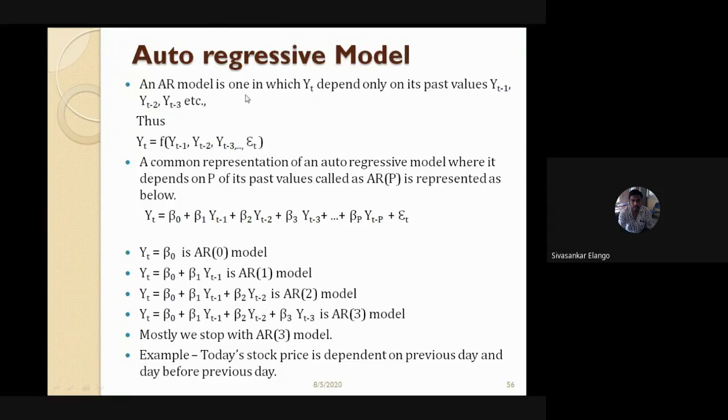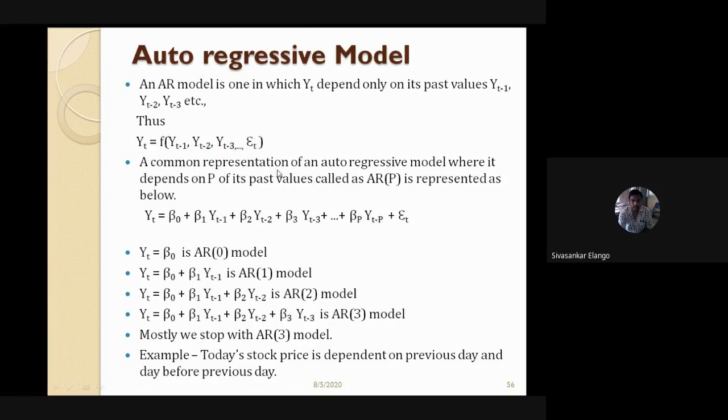This is what we used in problem 2, the autoregressive model. An autoregressive model is one in which the output yt depends only on its past values, yt minus 1, yt minus 2, yt minus 3, and so on. The output of a particular month depends on the previous months' sales, so yt is a function of yt minus 1, yt minus 2, yt minus 3, and you also have an error term epsilon t.